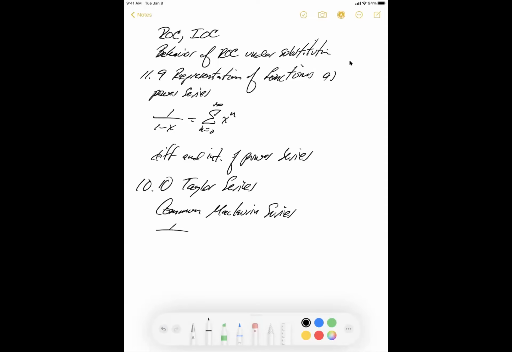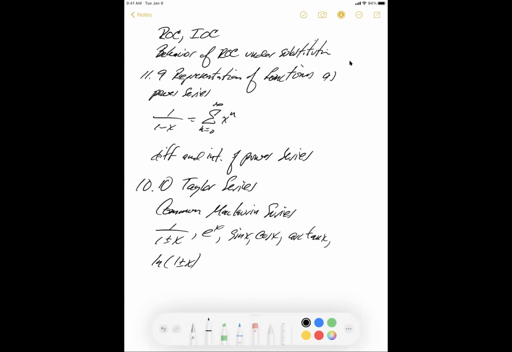So, of course, geometric, and I'll just say it like this: 1 over 1 plus or minus x, exponential e to the x, sine and cosine, arctan. A natural log one is helpful, so like natural log of 1 plus or minus x.